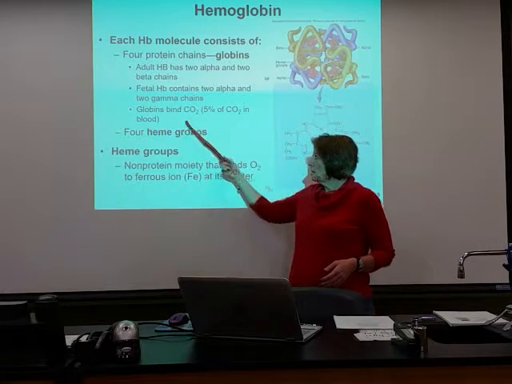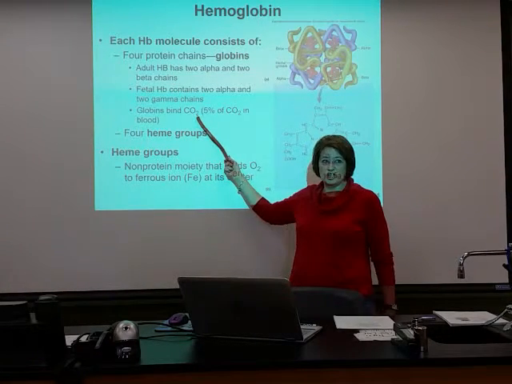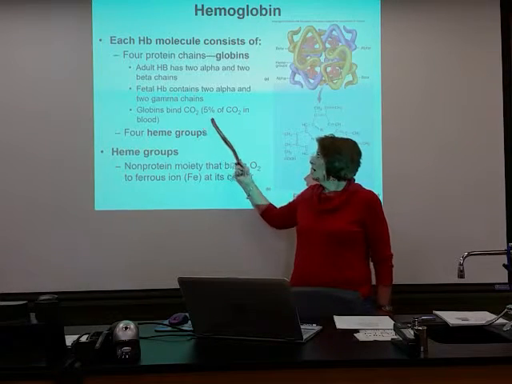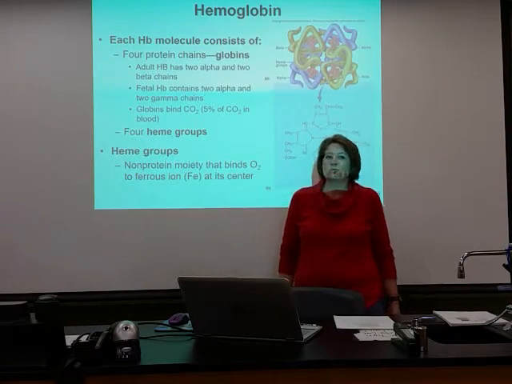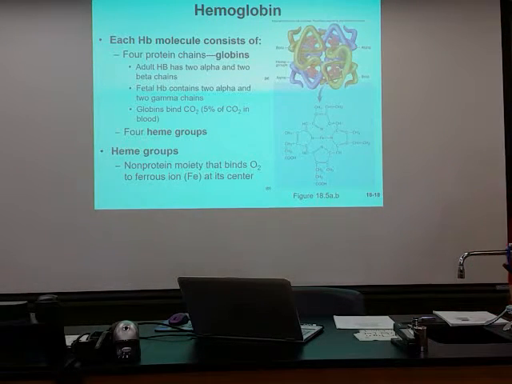Now, we can bind CO2, but notice how much of it wants to bind. Roughly about 5% of what's in the blood. Therefore telling me the majority of the CO2 travels by way of the bicarb.